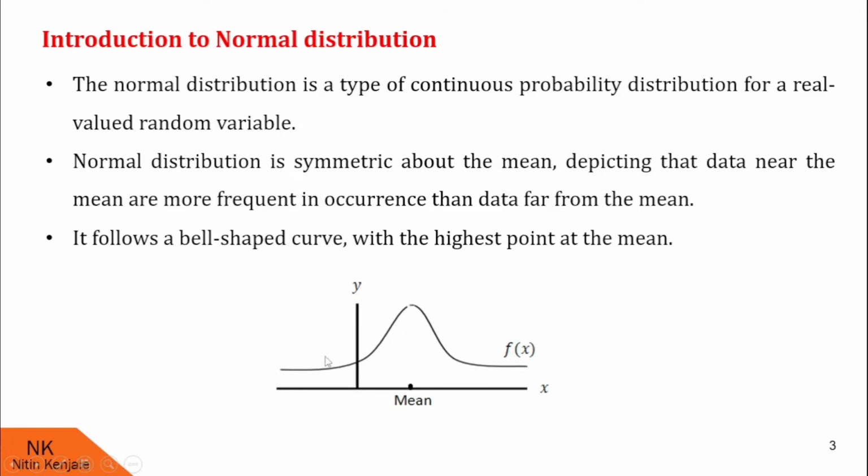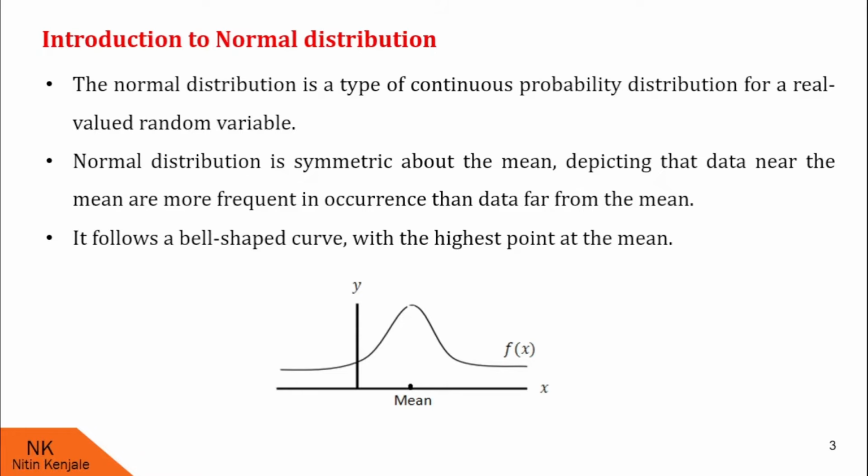You can see that it is a bell-shaped curve and its highest point is at the mean. And this data is symmetric about the mean. It depicts that the data near the mean is more frequent in occurrence and data far from the mean is less frequent. I hope guys you understood this.